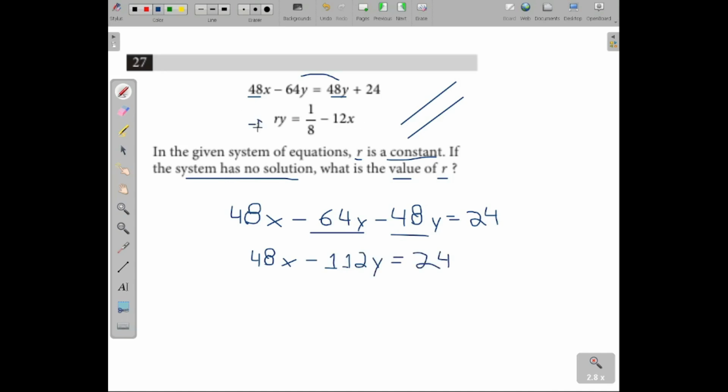Let's rearrange the second equation. This negative 12x will come to the other side of the equation with a changed sign. 12x plus r times y equal to 1 divided by 8.